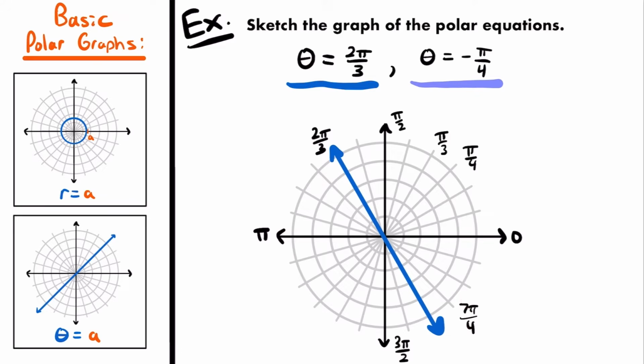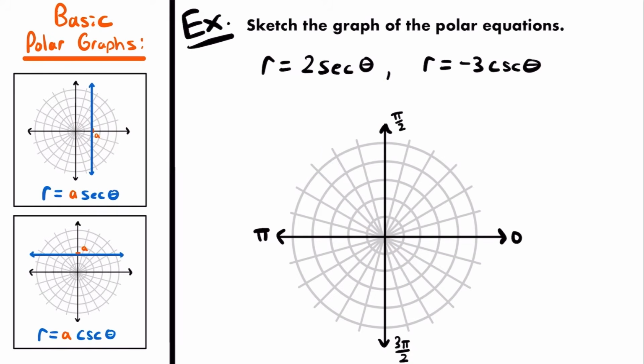So this right here would be our angle of negative π/4. So our graph for theta equals negative π/4 will look like this. We'll have a line that goes along that angle all the way to the other side. This line right here is the graph for this polar equation, theta equals negative π/4.